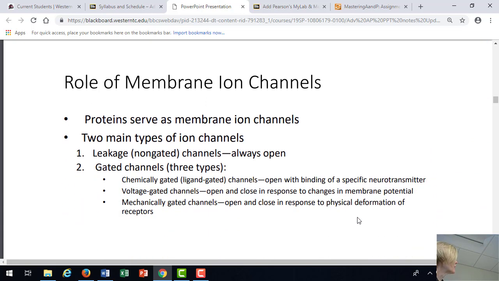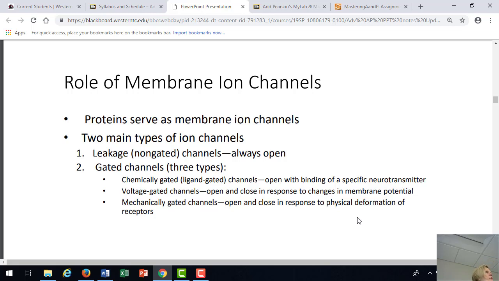So there are two types of channels in the membrane of our neurons. We talked about the gated channels, chemically gated or ligand gated. They open when a specific neurotransmitter binds, or medicine. That's what all of the drugs we give in the hospital, in the clinic, and at home do. They bind to channels and either promote a response or block a response by that cell.